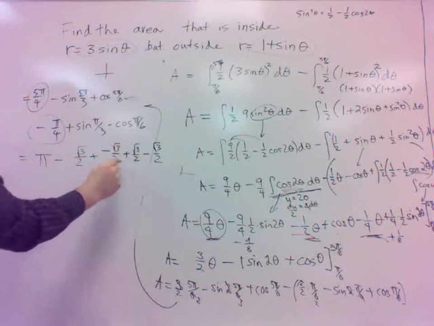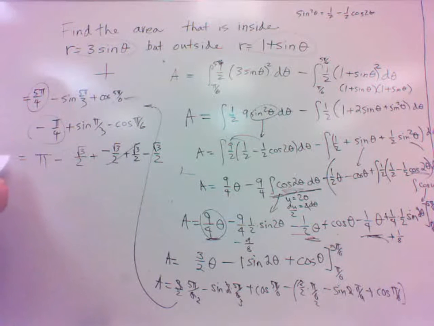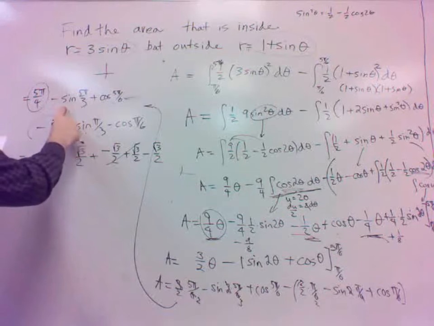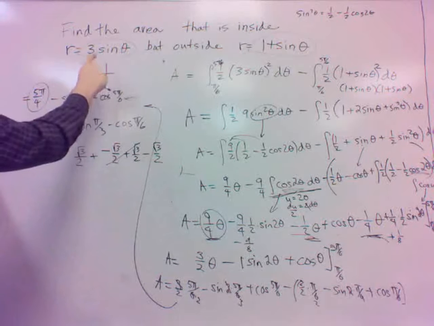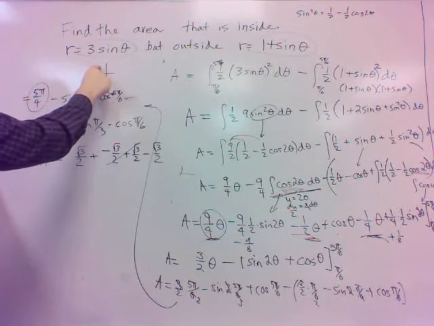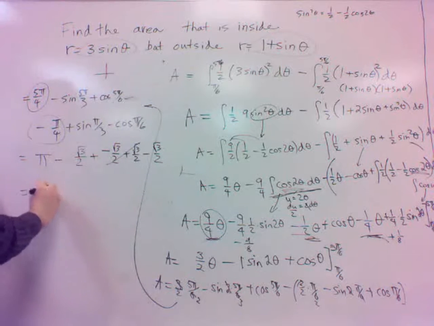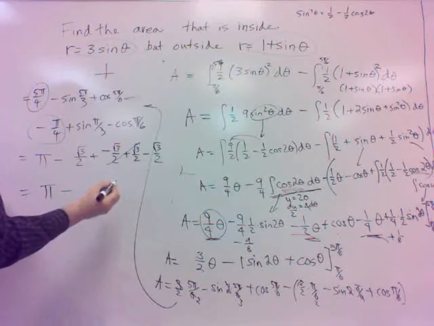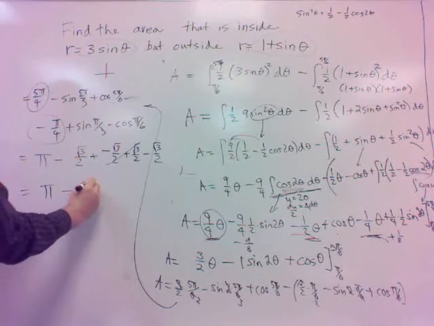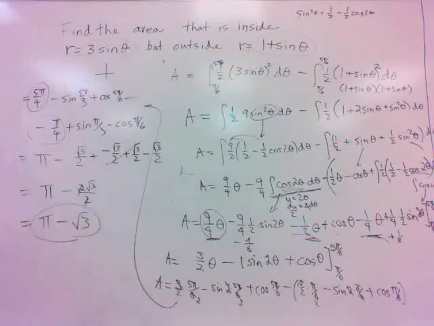All right, and so those cancel. For some reason I'm thinking they all should cancel. Let's check these. Sine 5 pi over 3, sine is the y, so that's a positive. I'm getting pi minus square root of 3 over 2, 2 square roots of 3 over 2, which is square roots of 3. We'll go with that. Okay.